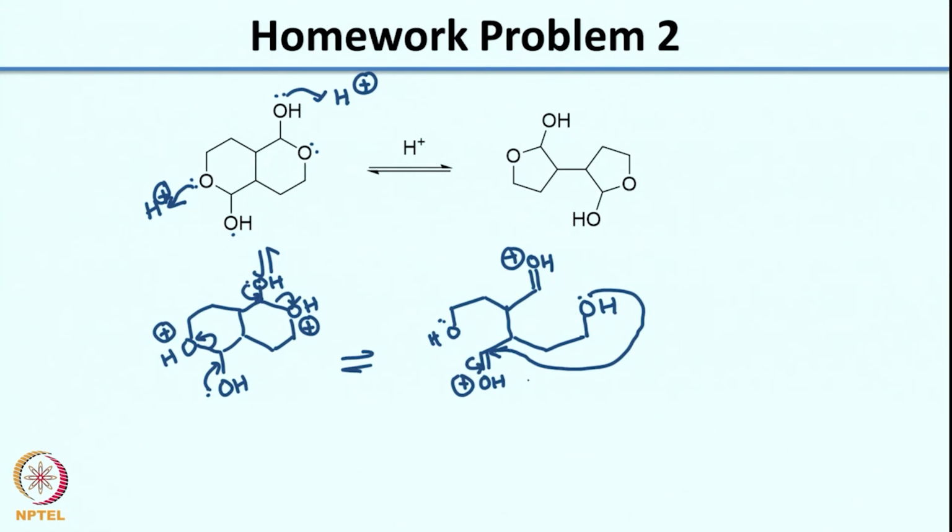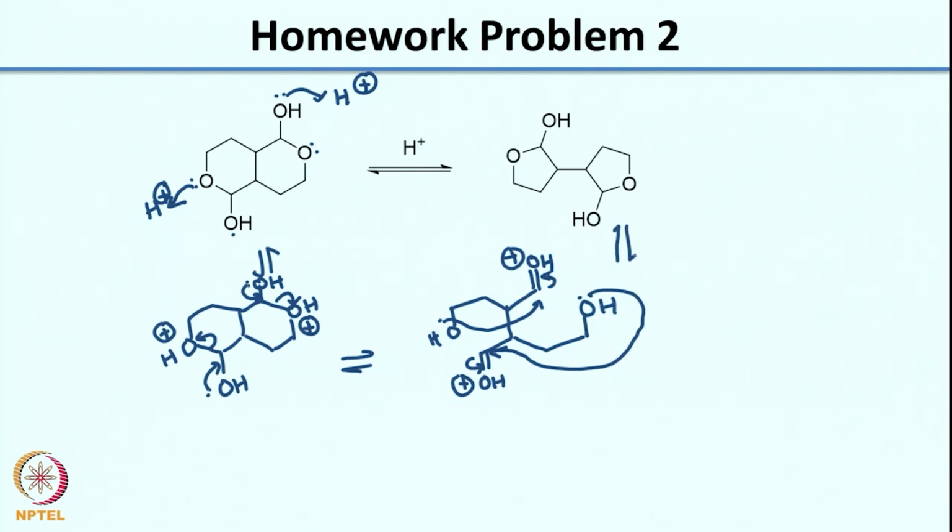So initially it was forming a 6-membered ring, but now it is forming a 5-membered ring. Similarly, you can imagine this oxygen interacting with this aldehyde. So then the product that you get would be the desired product.